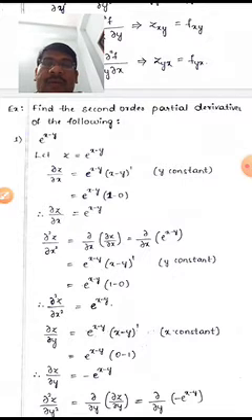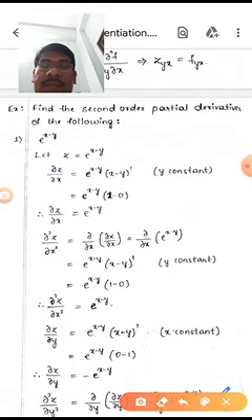Dou z by dou x is equal to e power x minus y, times the derivative of x minus y. Here y is the constant, so that is 1, and the derivative of y is 0. Here we get dou z by dou x is equal to e power x minus y.